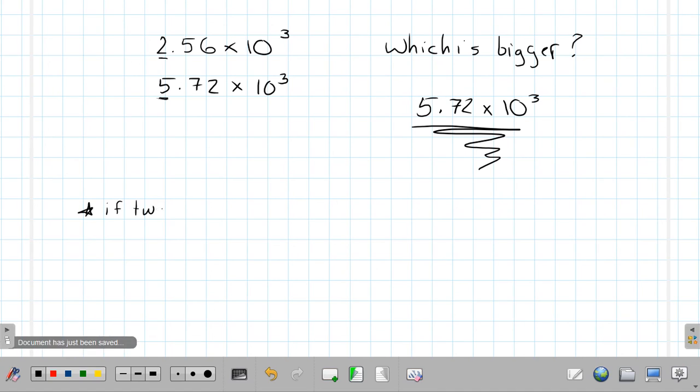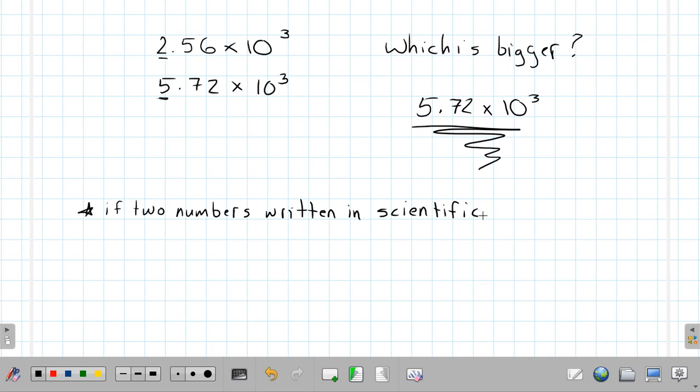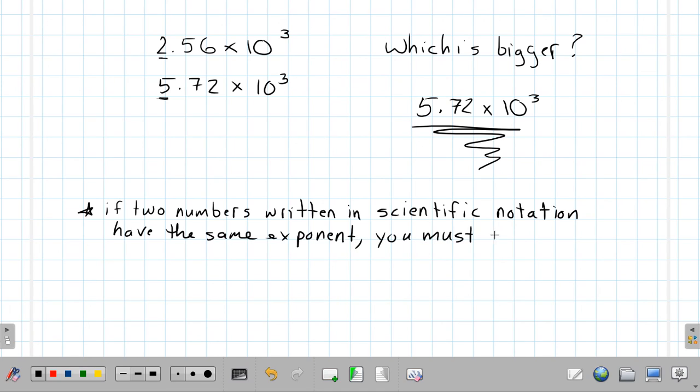So if two numbers written in scientific notation have the same exponent, you must compare the starting factors.